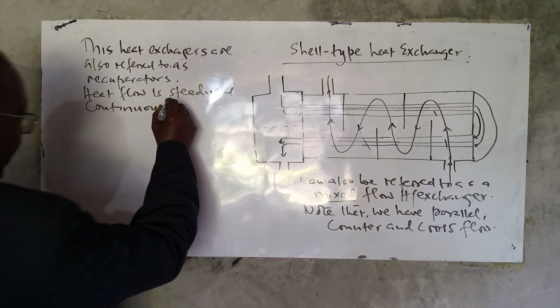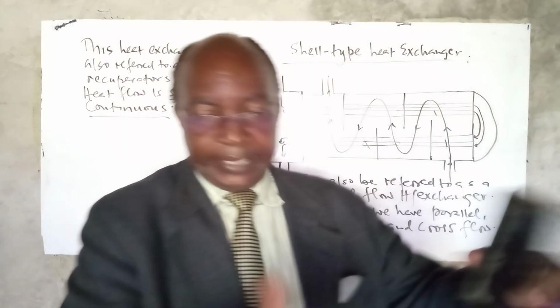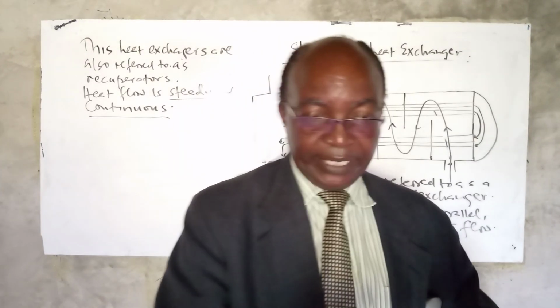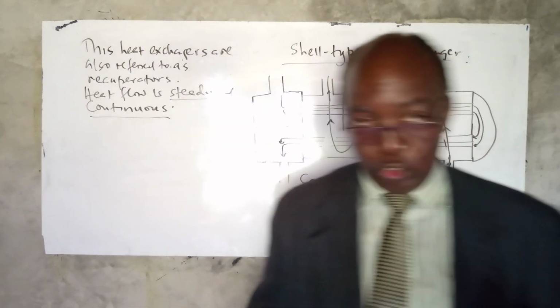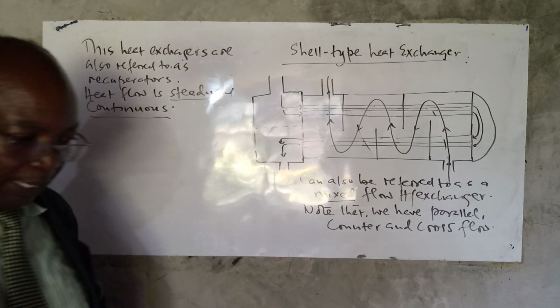So what does that mean? It means that there are certain types of heat exchangers where the heat flow is not continuous. So we can think of the heat flow as being intermittent.